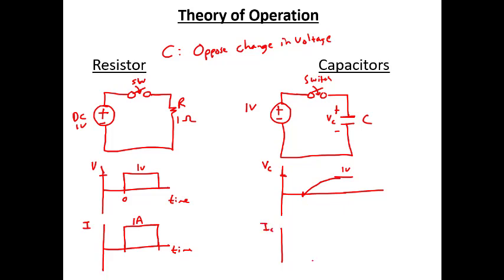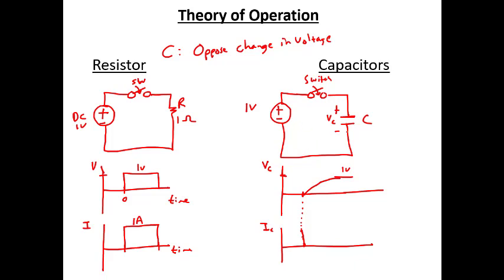So if we looked at the current going through the capacitor, as soon as we close the switch, the current is going to go to its maximum. So this would be the 1 amp here, or actually not 1 amp, whatever the current is.